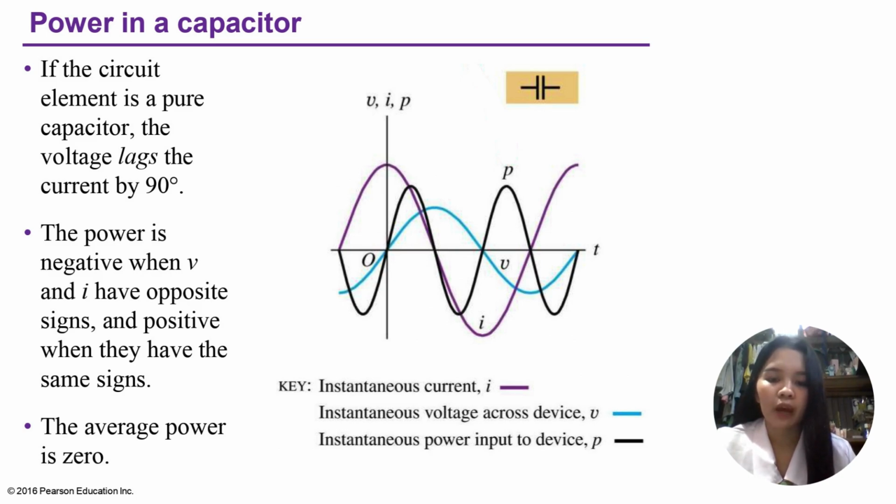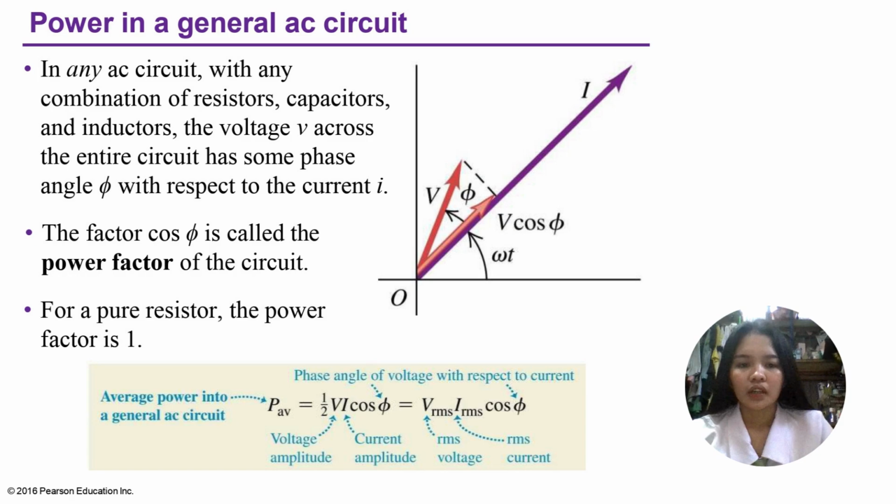So the average power over a complete cycle is zero, meaning that an ideal capacitor does not consume any net energy from the AC source.